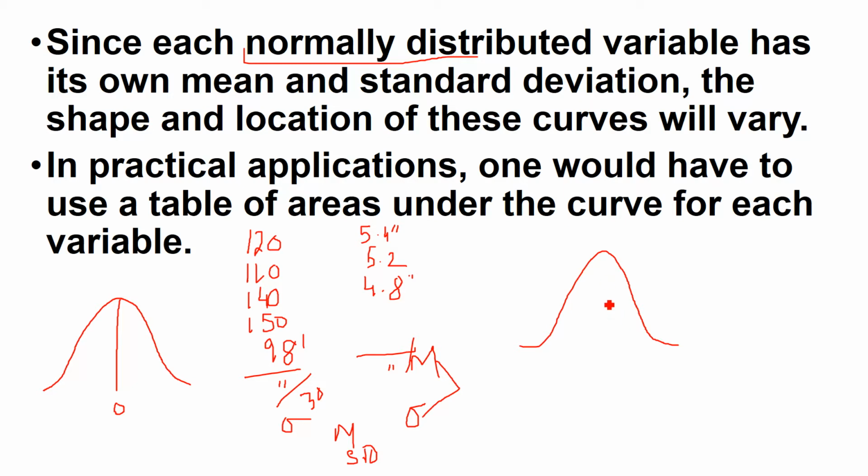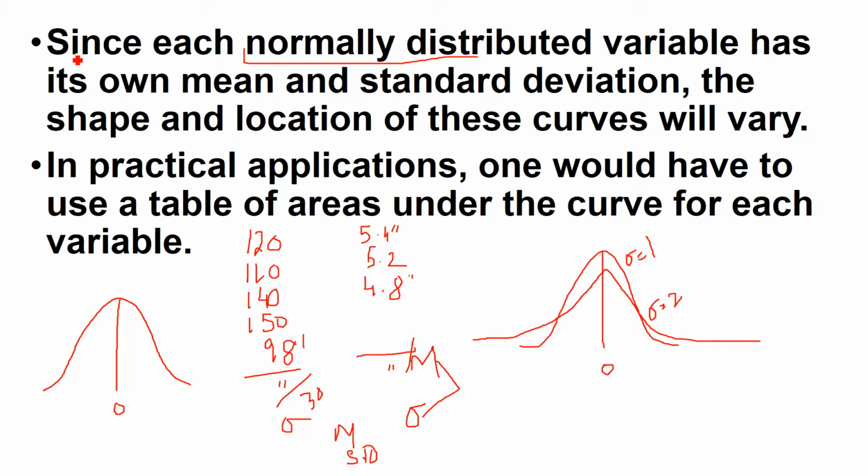Suppose this is the first variable and the mean is 0. If I say the standard deviation is 1, you will get this kind of curve. But if the mean remains the same, but the standard deviation varies, you will see the graph will be like this, spread out. So as the standard deviation increases, the shape of the curve spreads out.